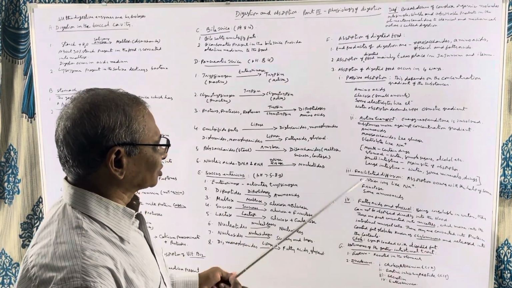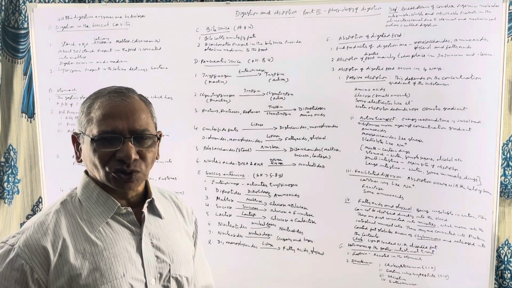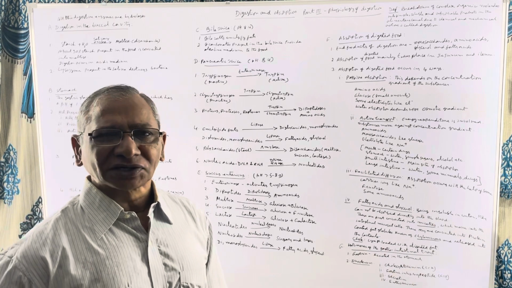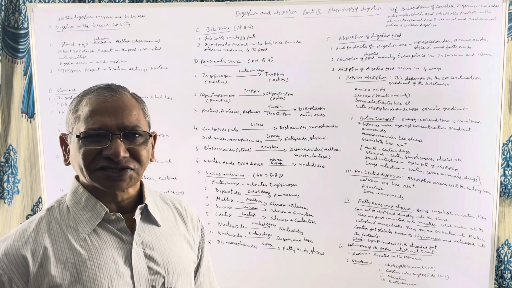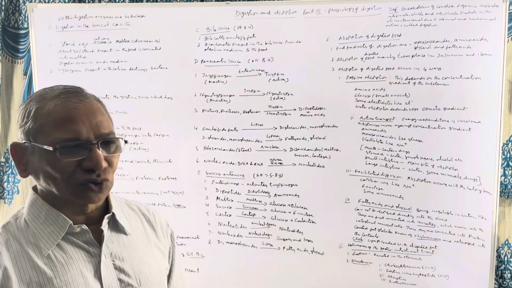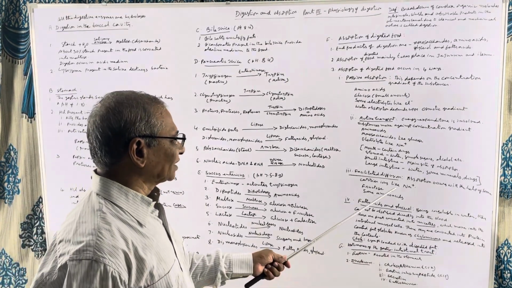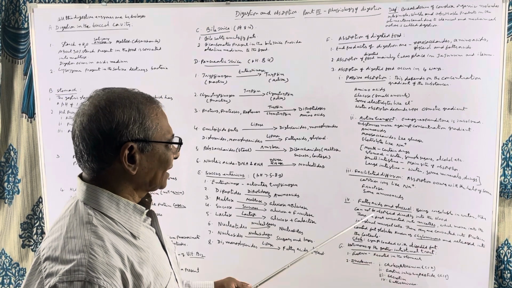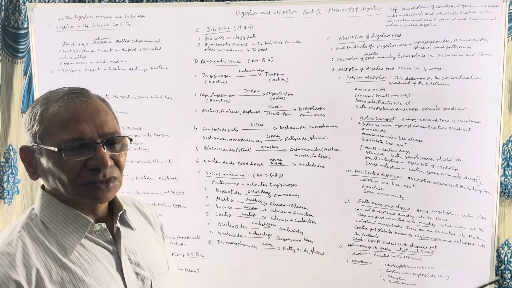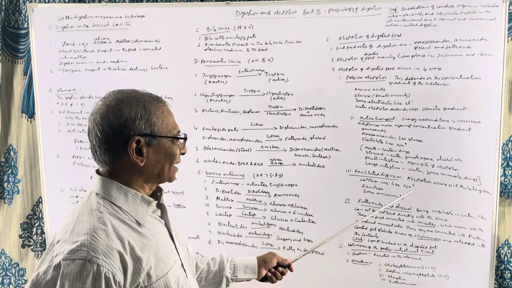Then the third type of absorption is known as facilitated absorption. That means the movement of substances is assisted by some other substance. So it is known as facilitated diffusion. Here, the carrier ion involved is sodium ion.